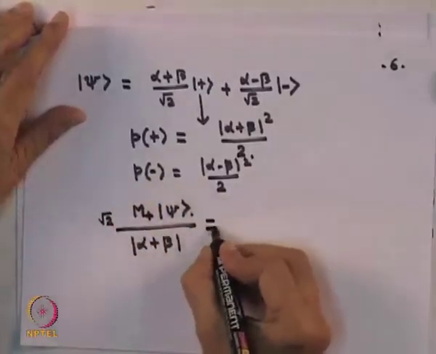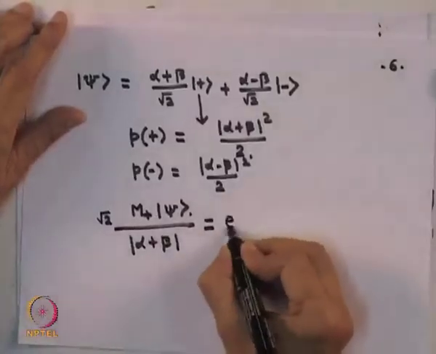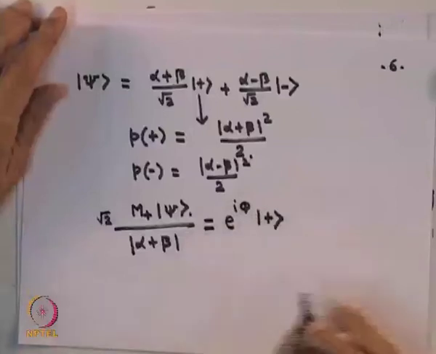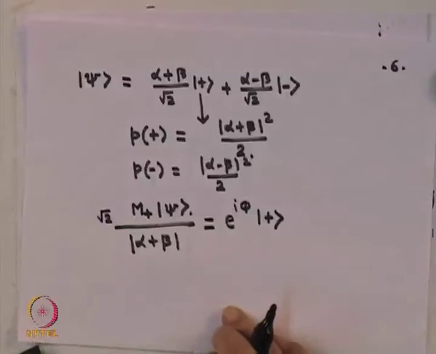You do the same algebra as we did earlier, and you will find that this is equal to e to the power i phi plus, which simply tells me that if the result of the measurement in the diagonal basis happens to be plus, the post measurement state, but for a global phase, will also remain plus.